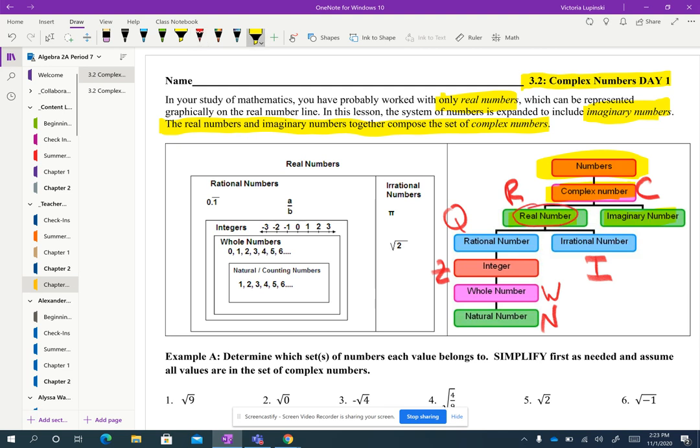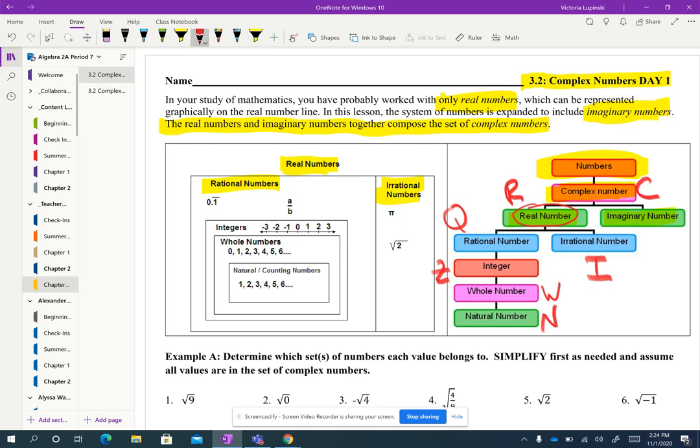So take a look at the diagram over here on the left. All the numbers inside this box you should have heard of before, but it's good to just have a little reminder. So notice that after classifying something as a real number, you can then classify it as being rational or irrational.